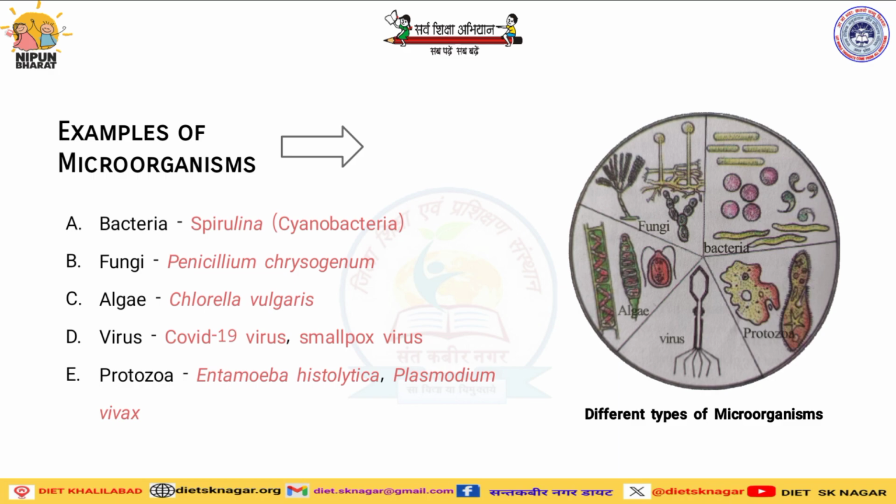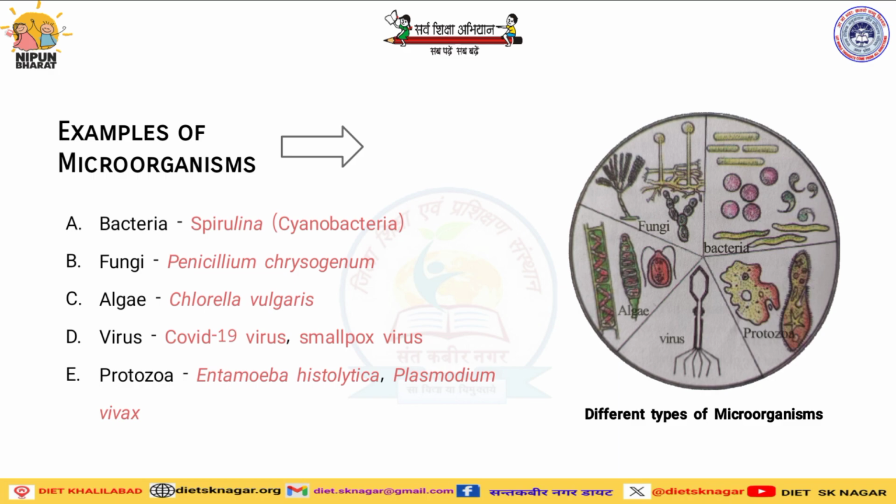Students, fourth one is virus, and you are very familiar with the term virus, as well as the term COVID-19 virus and smallpox virus. So students, the last class is protozoa, and the examples of protozoa are Entamoeba histolytica and Plasmodium vivax.